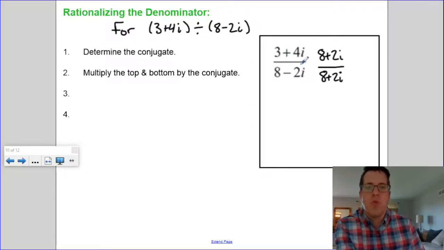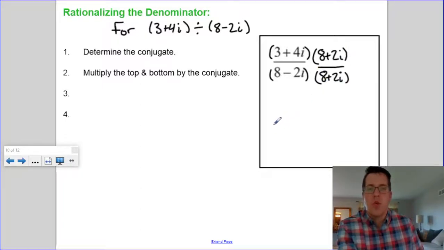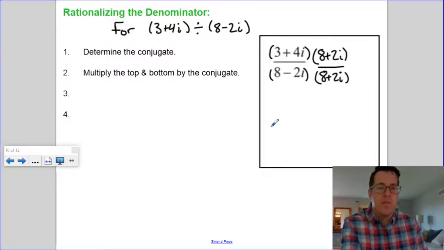Now, a common mistake for students here is forgetting to FOIL. A lot of people will just want to multiply the 4i through as opposed to the 3 plus 4i. So if it helps you, you might want to use parentheses around your terms. You don't need to as long as you understand. Based on our last example, we would expect the denominator to become just a real number.